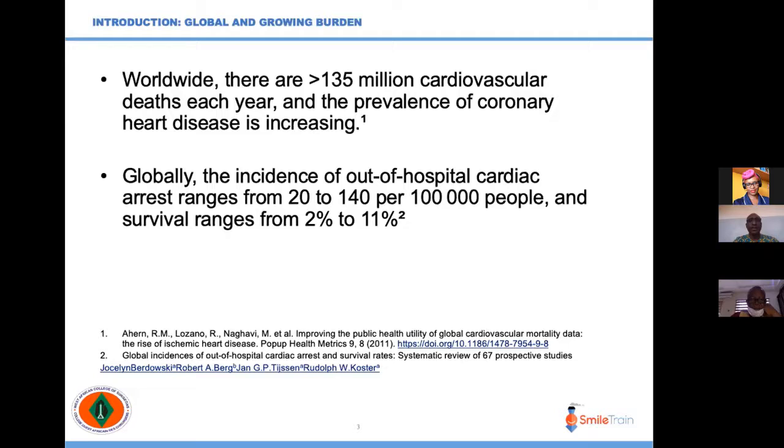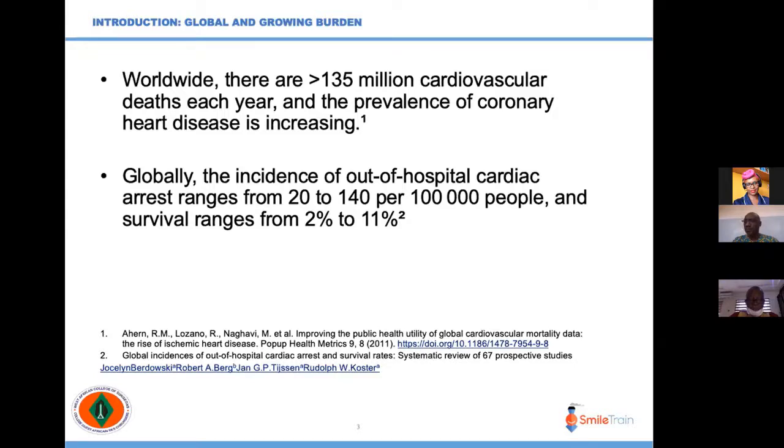Over 135 million cardiovascular deaths a year is the prevalence rate that's given, with coronary heart disease increasing according to research. Globally, the incidence rate of out-of-hospital cardiac arrest ranges from 20 to 140 per 100,000 people, and survival ranges from 2 to 11%.